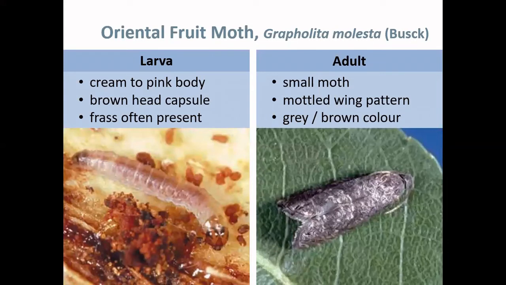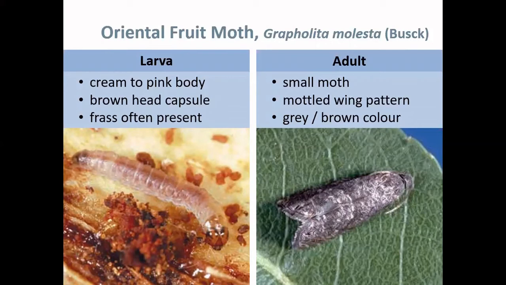But first, the last insect pest that I wanted to touch on during this presentation is Oriental fruit moth. Now, there are two life stages that you may see. The larva is an internal feeder, so it would be within the fruit, and oftentimes you can also see it in the shoots, which I'll talk about momentarily. The larva is typically a cream to pink body with a brown head capsule.